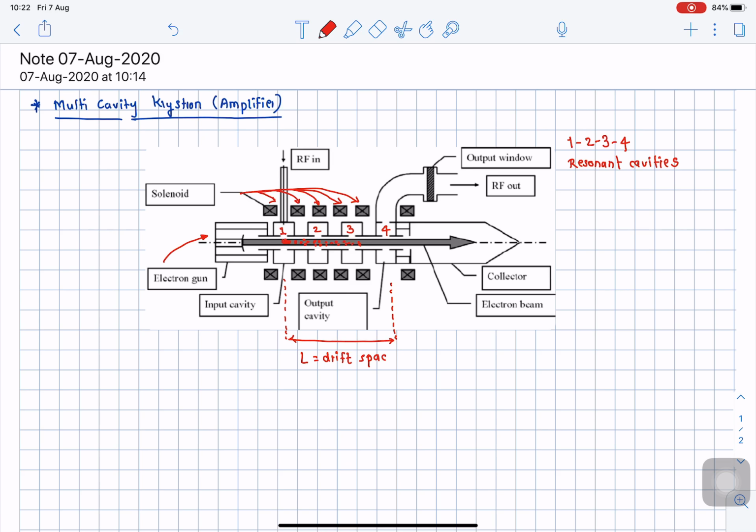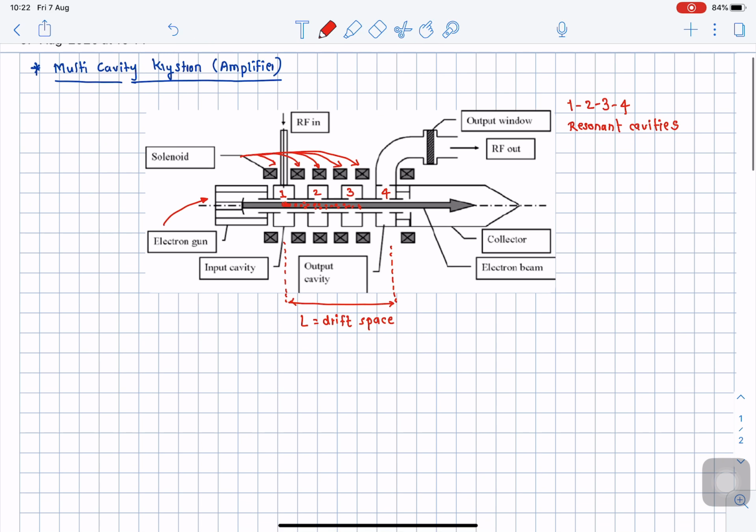So in a two cavity klystron amplifier, whatever drift space we have, that is very small. Okay. So as we include more number of cavities, the drift space is the spacing between the first cavity and the last cavity. And definitely the drift space is more in the case of multi cavity klystron.